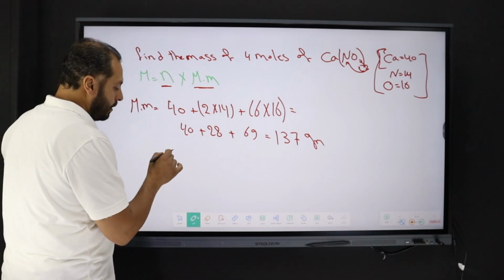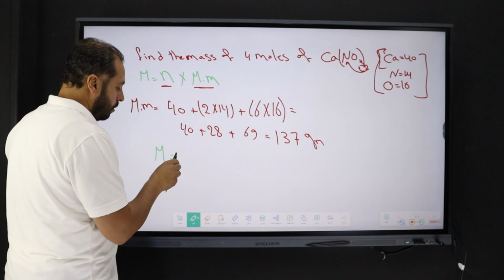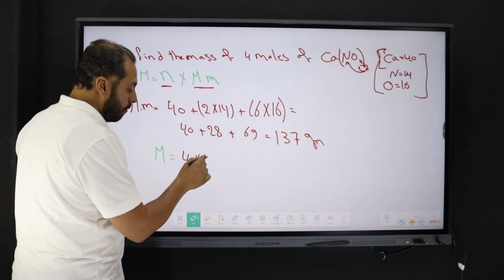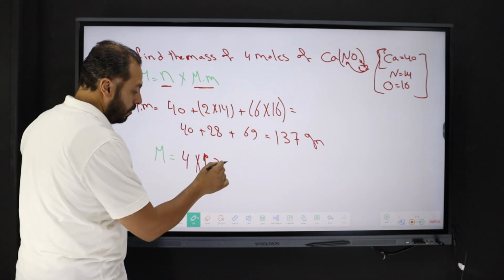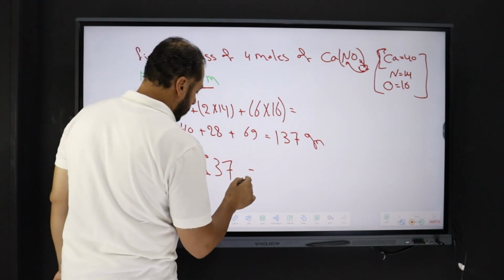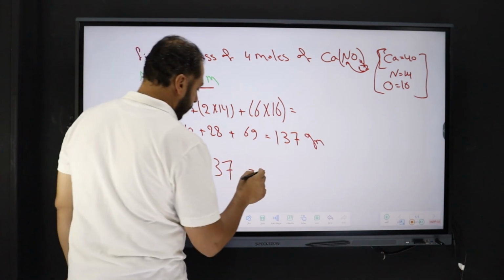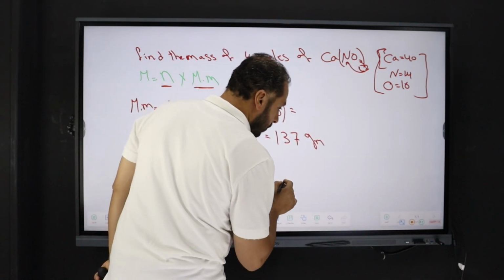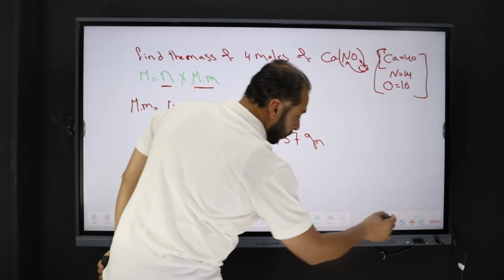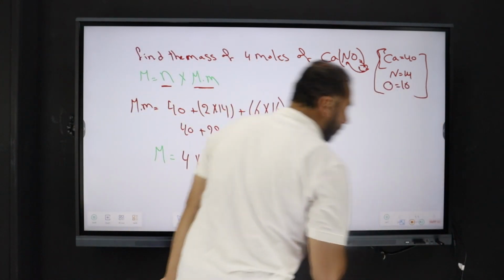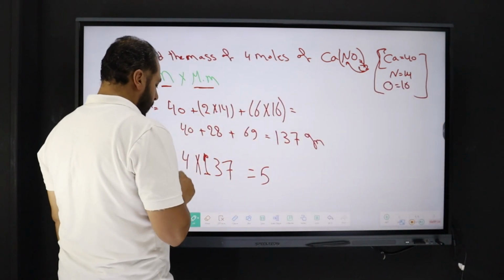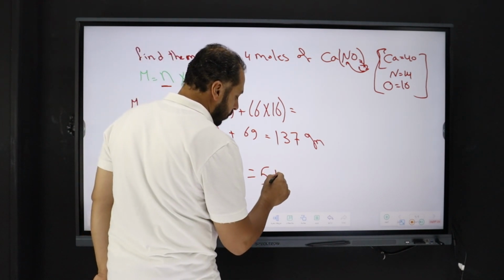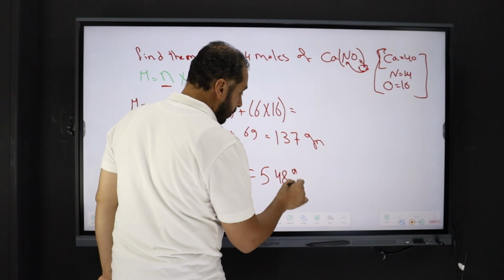So the mass equals 4 times the molar mass, which gives 548 gram.